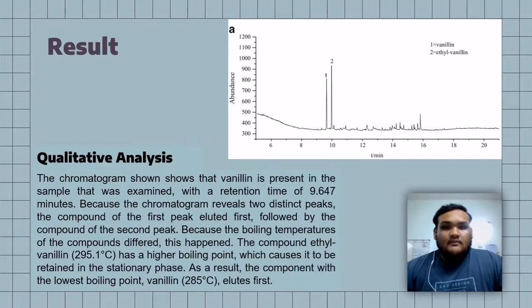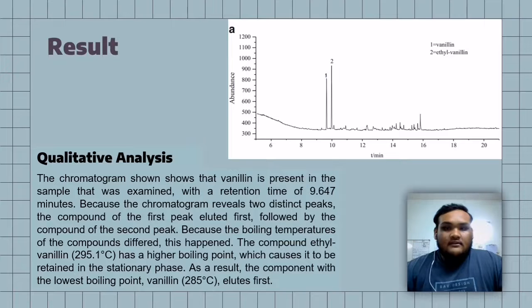Assalamualaikum, my name is Muhammad Arif Adli. For the gas chromatography, I want to talk about analysis. First, qualitative analysis. The chromatogram shows that vanillin is present in the sample that was examined with a retention time of 9.647 minutes because the chromatogram revealed two distinct peaks.